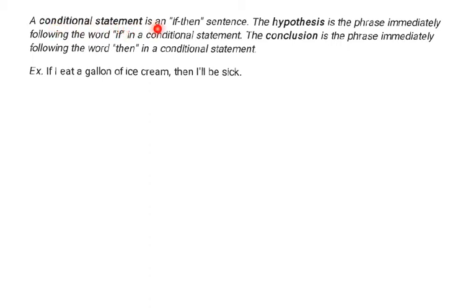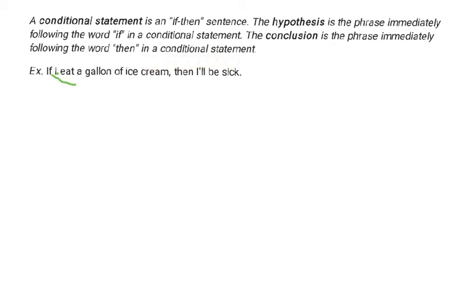So the conditional statement is an if-then sentence. So if you go to bed early, then you will wake up rested. That's a conditional statement. The hypothesis is the phrase immediately following the word if in the conditional statement, and the conclusion is the phrase immediately following the word then in a conditional statement.